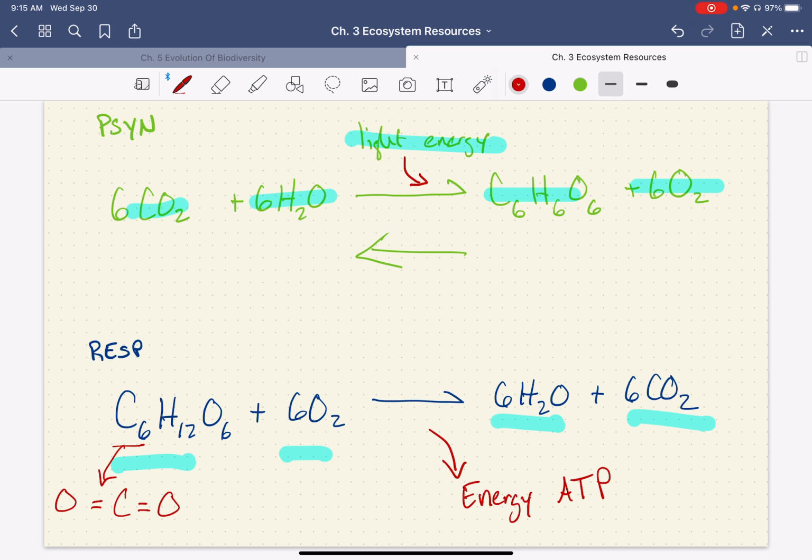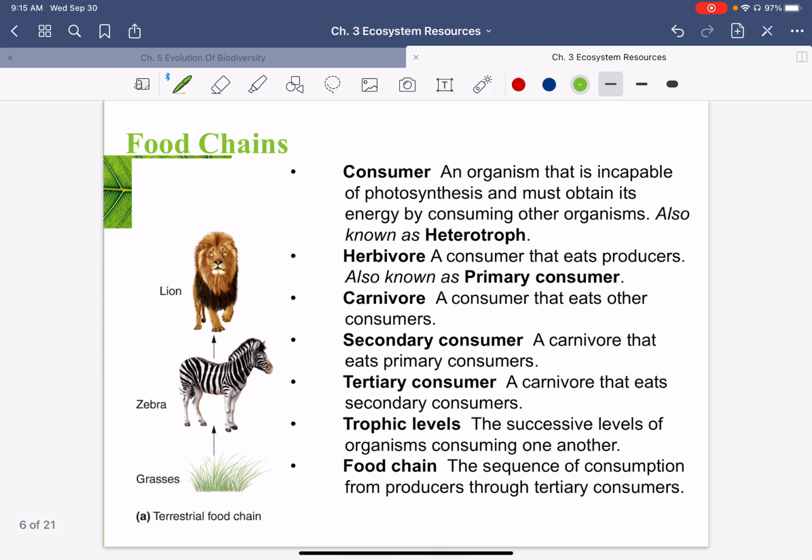So for each of these 6 carbons, we're going to need 6 oxygens. And that's going to produce 6 carbon dioxides. All right, great. What are we left over with? Well, we're left over with H12O6, which is really the same as 6 waters. That's why this works. Okay, so that's photosynthesis and respiration.